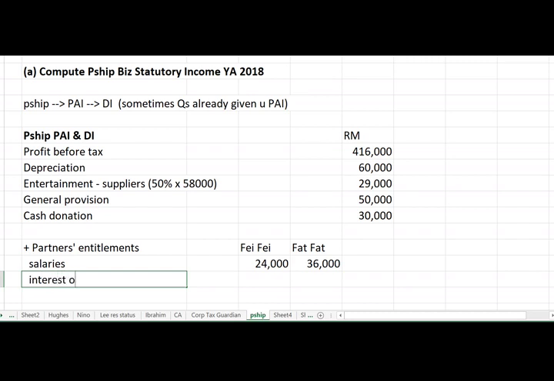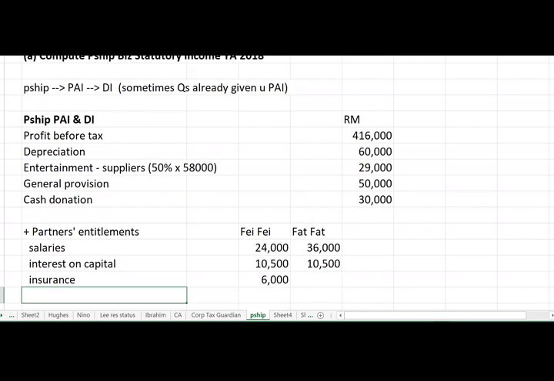Now interest on capital, the amount is 10,005, 10,005. Then you have insurance, which is given for Fei Fei, amount is 6,000. And then you have food expenses consumed by the partner, which is also for Fei Fei, 9,000.